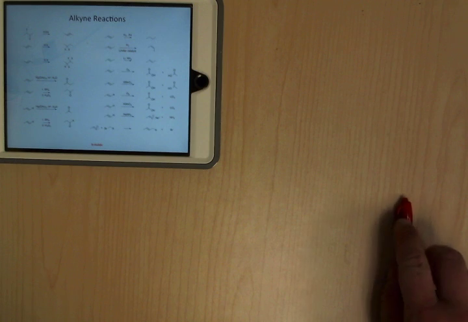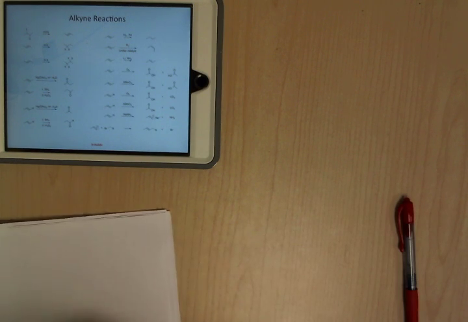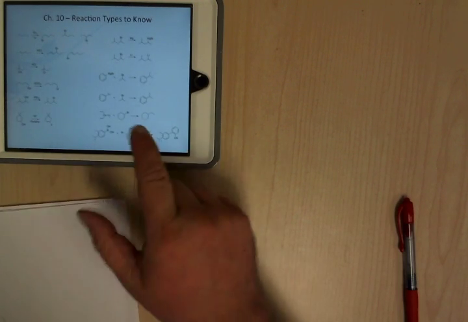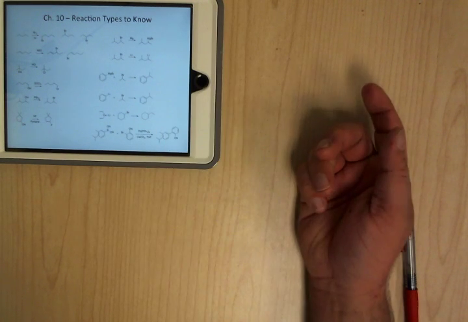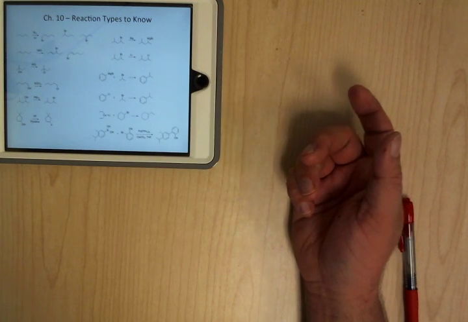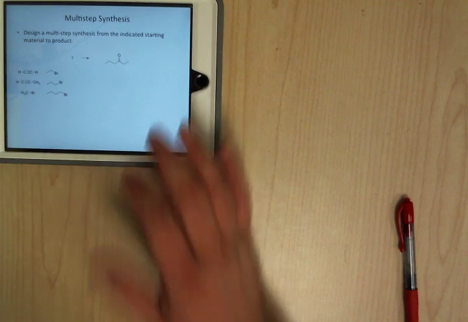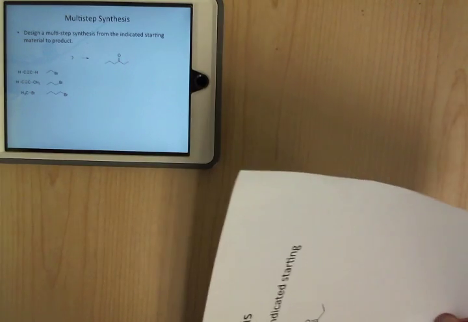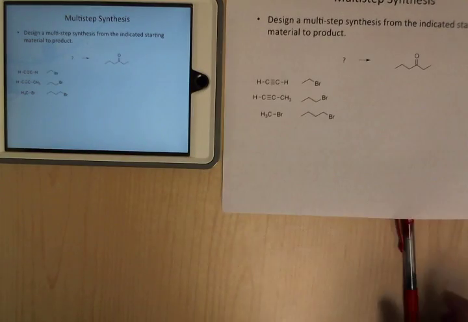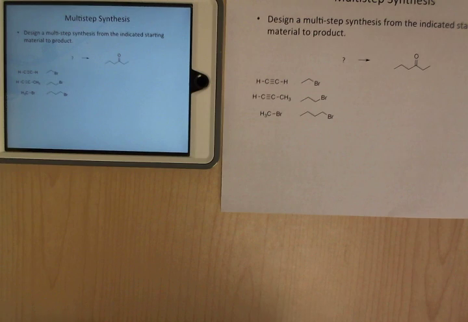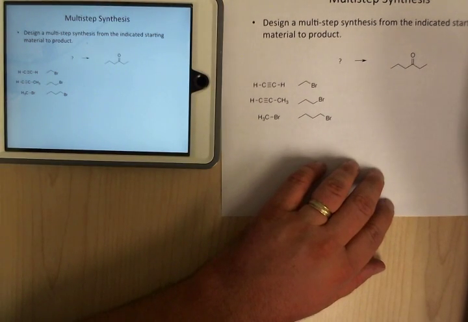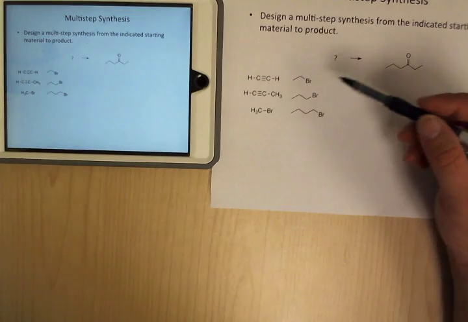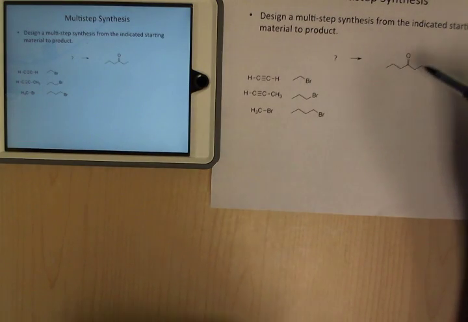Okay. Multi-step synthesis. This is the bane of everyone's. All right. So I'm sorry, copper. Forgot to move that. Okay, multi-step synthesis. Okay, so usually what you're going to want to do is, so for this one, there's actually a couple of different ways that you can do it, okay?